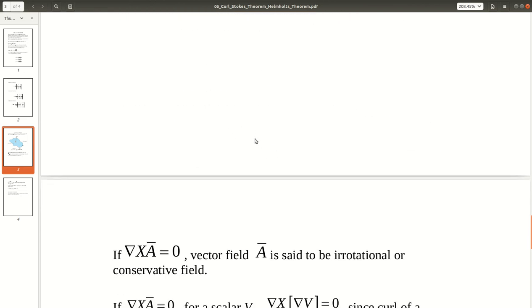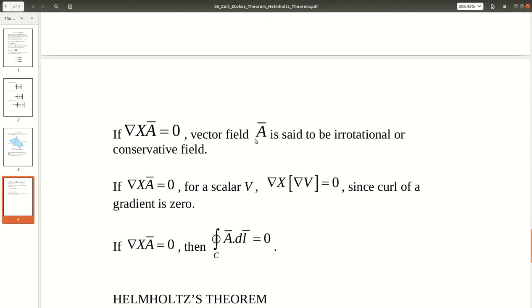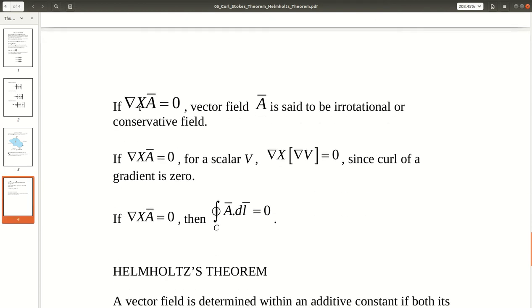Okay, so under some condition, if the curl is 0, then the vector field is called irrotational or conservative. So we have here two other names for the field: irrotational or conservative.